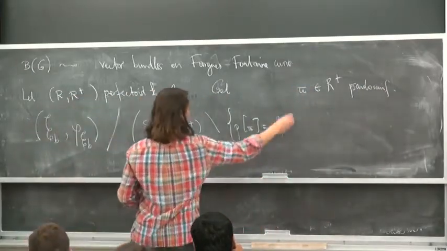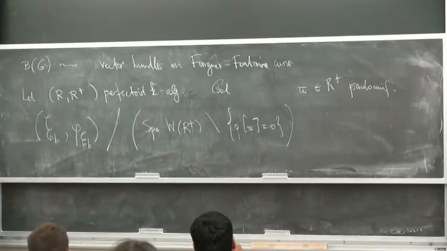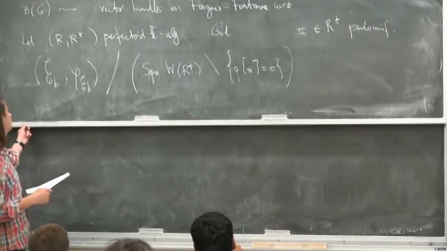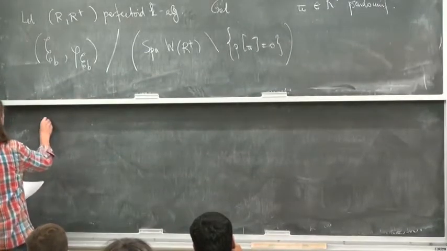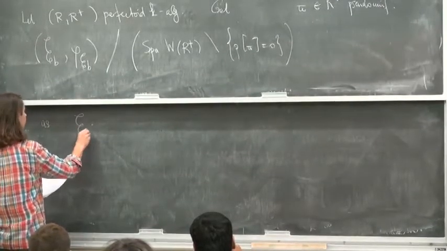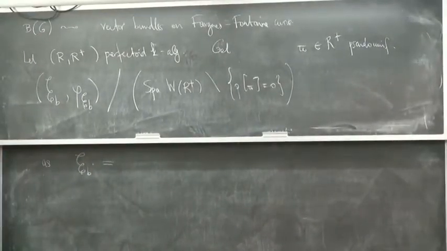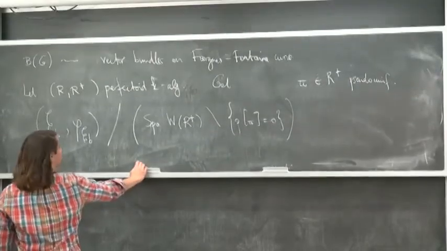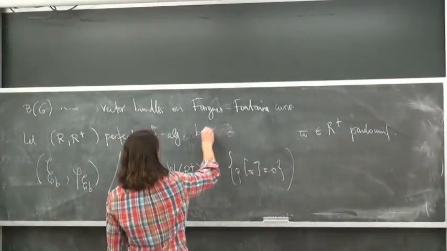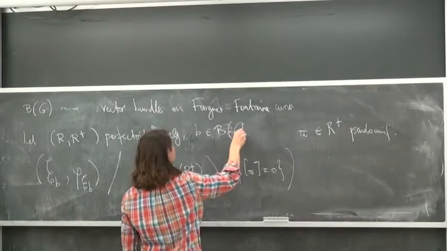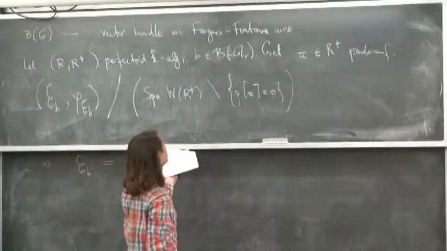So I should just take a sigma conjugacy class for GLR.